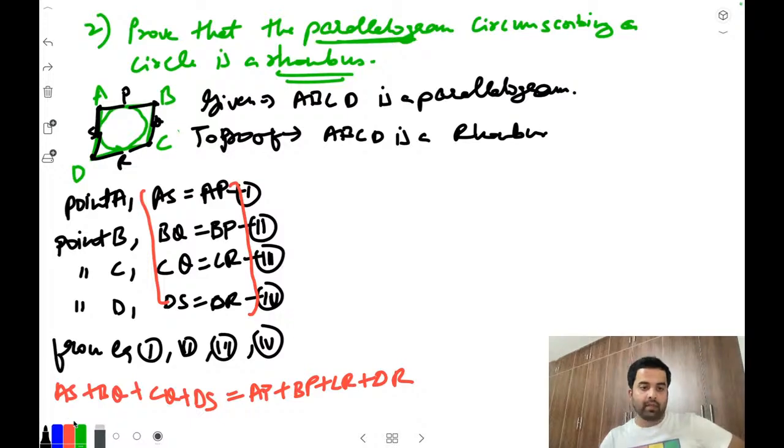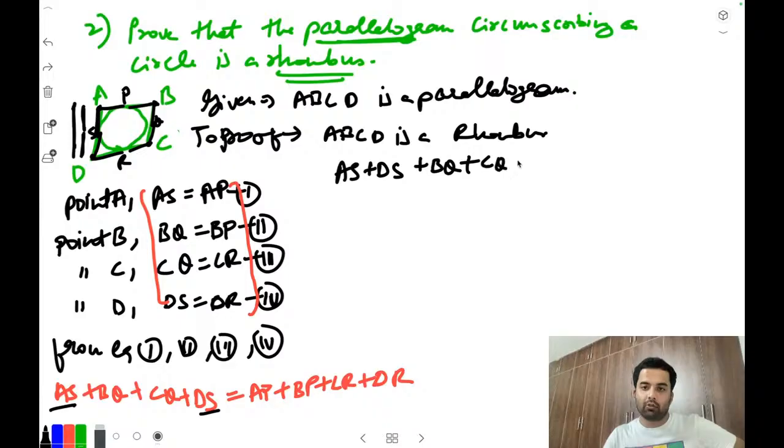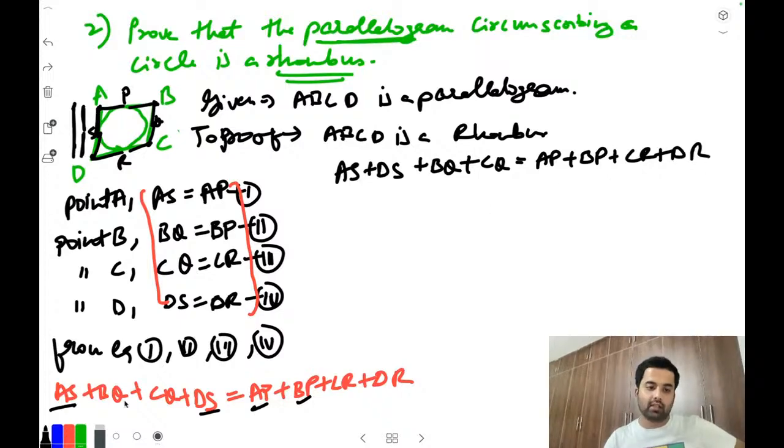Now check this out. Last step of this answer. If you add AS and DS, what are you going to get? Complete AD. So let me write it together, then only we will proceed with the answer. AS plus DS together and BQ plus CQ together equals AP plus BP together and CR plus DR. Now check this out, boys and girls.